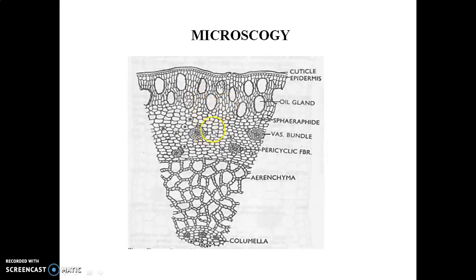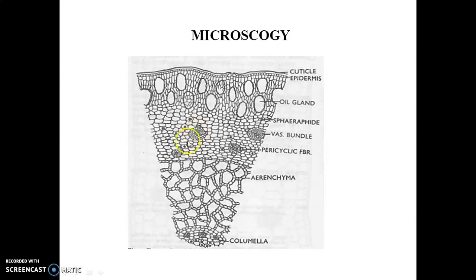Then regarding the middle zone, this region contains a ring of bicollateral vascular bundles, consisting of xylem vessels which are composed of 3 to 5 lignified spiral vessels.